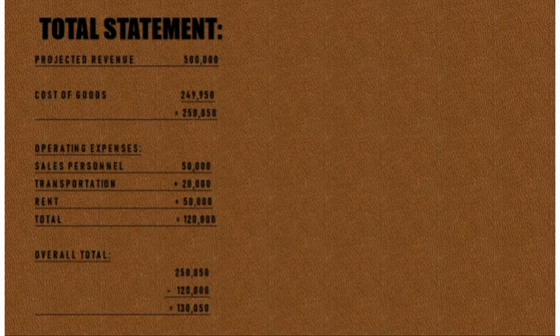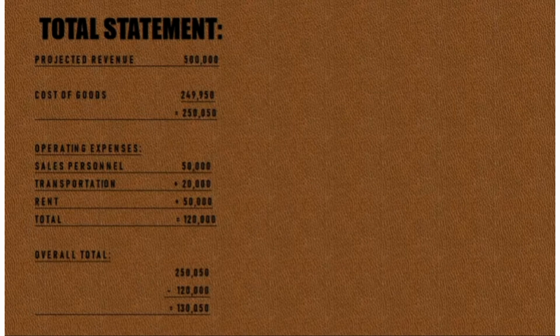We come up with a projected revenue of 500,000, cost of goods equal to 249,950, and we subtract, which is equal to 250,050 pesos. And now we need to consider the operating expenses. What are the operating expenses?